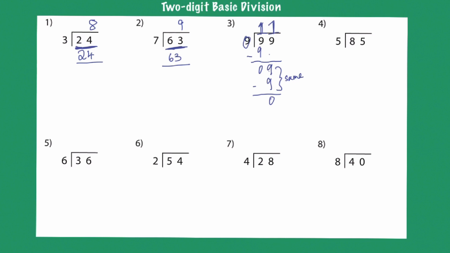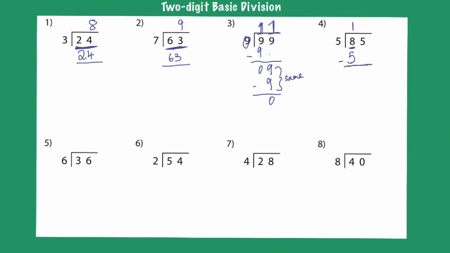Okay? Now let's try to do number 4. Very simple. All you have to do is look at this number first. 5 does fit into 8, but how many 5s fit into an 8? Only 1. 5 1s are 5, and you bring a line here.